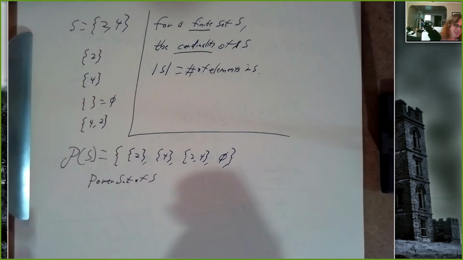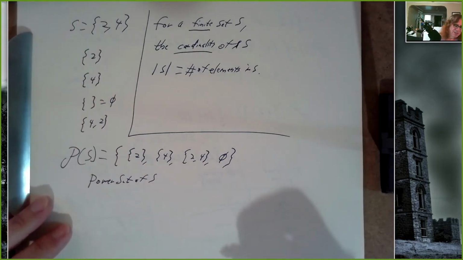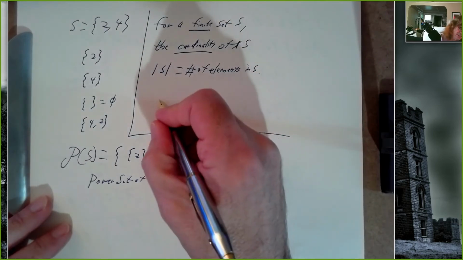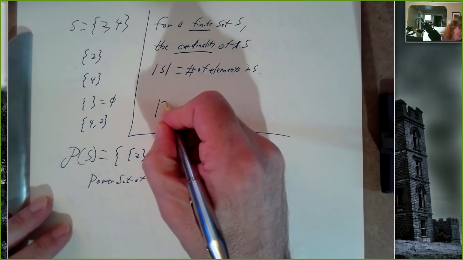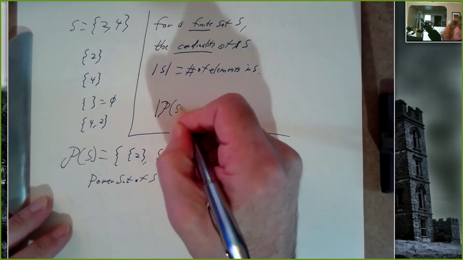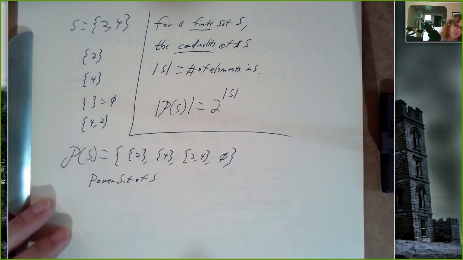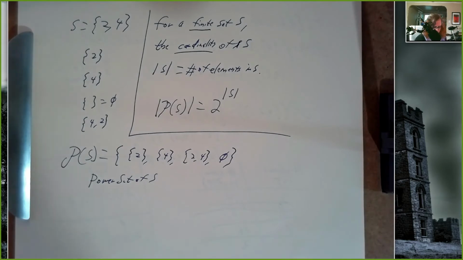So we could take this thing we just did about power sets, and we could write, for a finite set S, the cardinality of the power set of S is equal to 2 raised to the cardinality of S. And that's a valid rule. We will prove that in a few weeks.